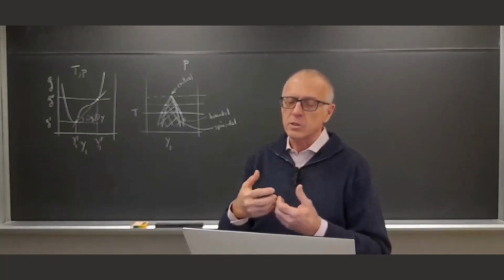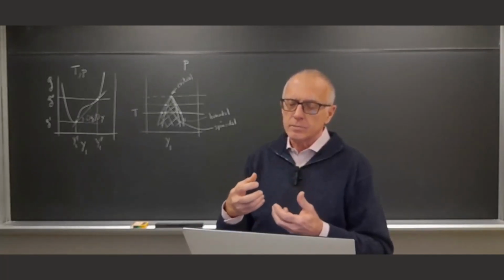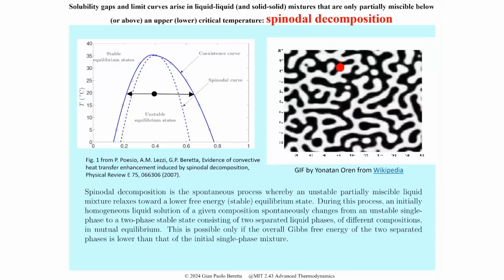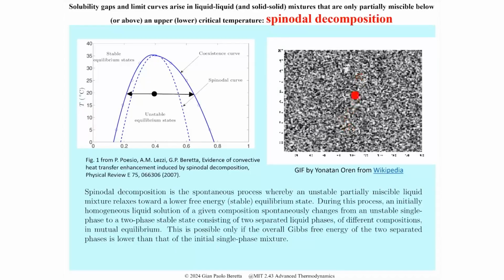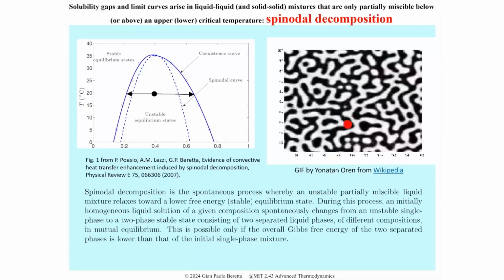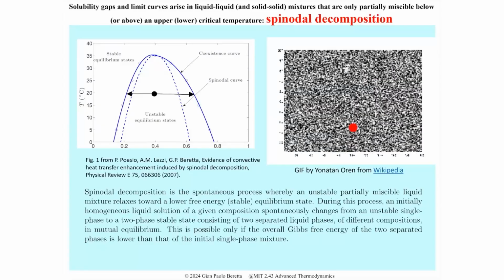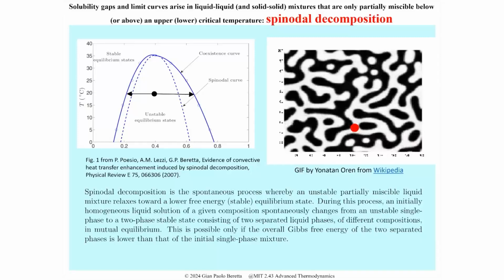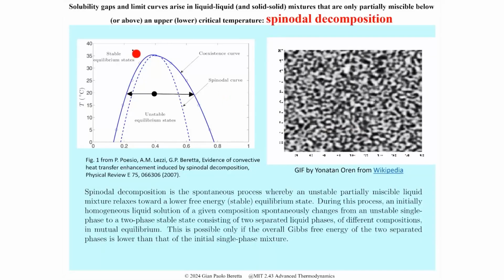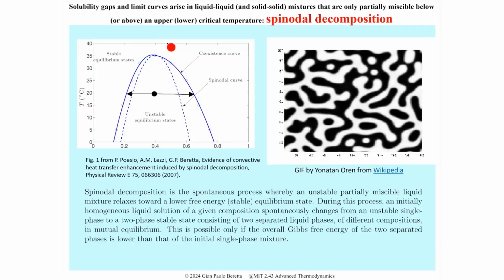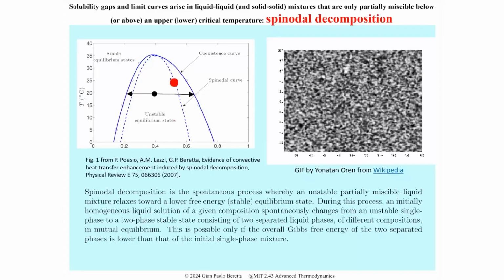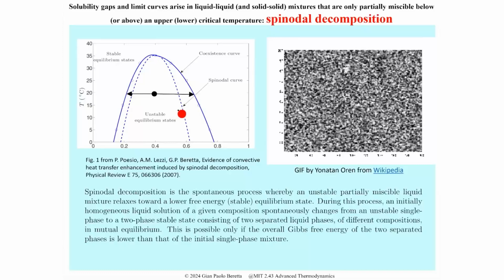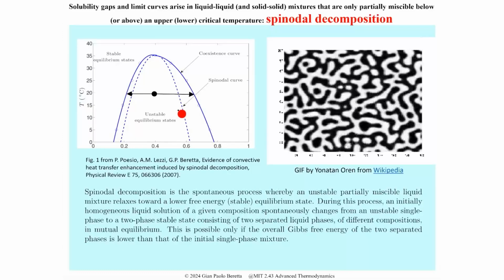Here, it's drops in all cases, but instead of drops, you see continuous regions that become coarser and coarser. If you are off critical on either side, you get drops of one into a continuous region of the other.